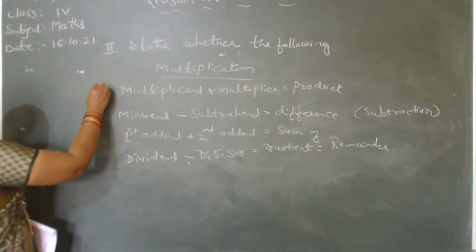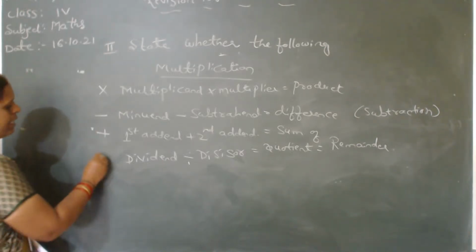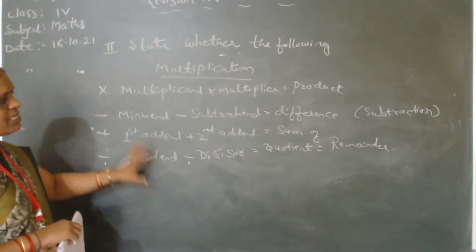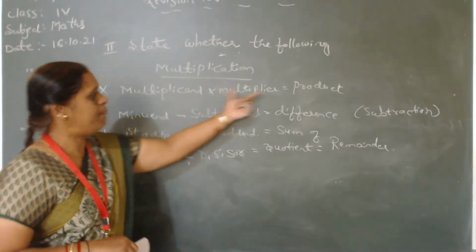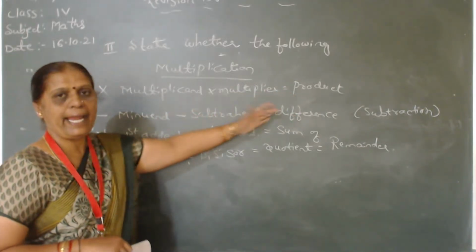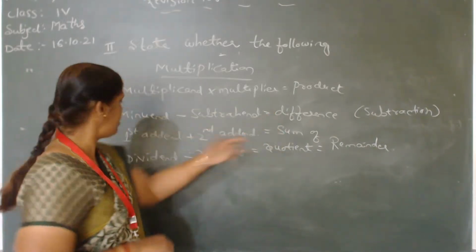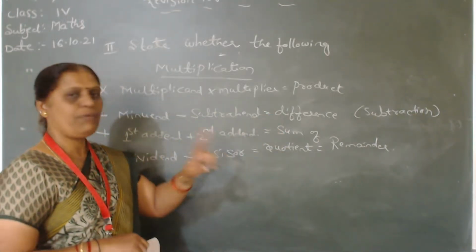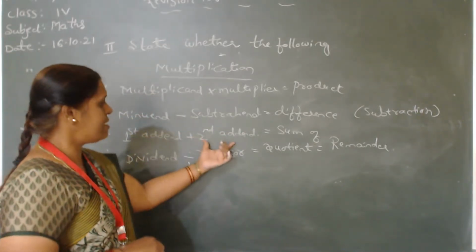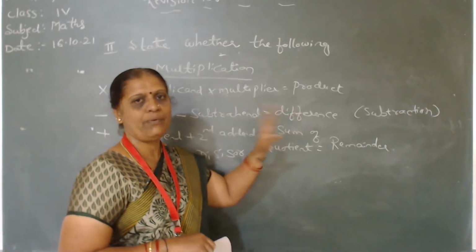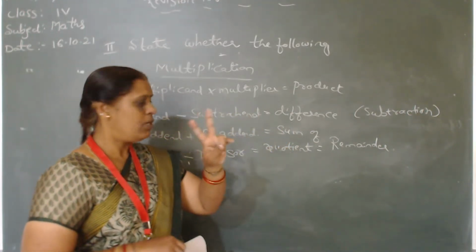First is multiplication, subtraction, addition, then division. So multiplicand, multiplier, product. Minuend, subtrahend, difference. The answer between two numbers is called the difference. In addition, first addend, second addend, then you get the sum of the numbers.